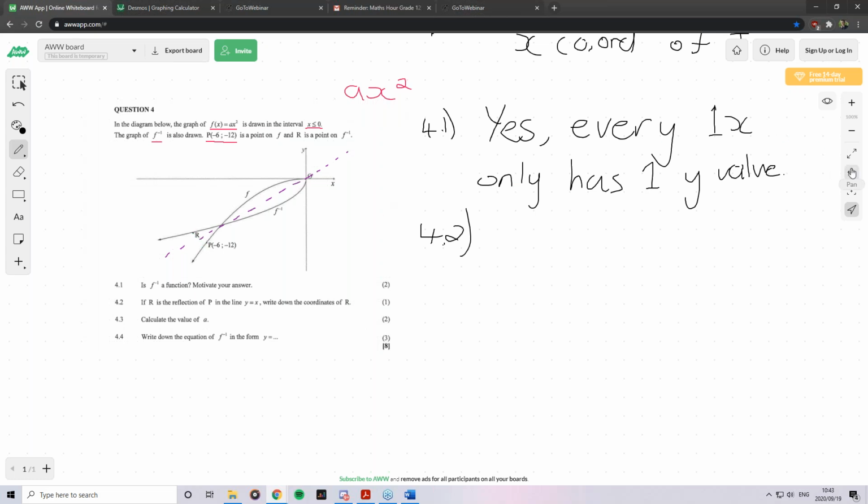And remember earlier, I said the x's become the y's and the y's become the x's. So if the point on the graph is x is minus 12 and y is minus 6, that works the same way here. R will then be not minus 6, minus 12, but just minus 12, minus 6.